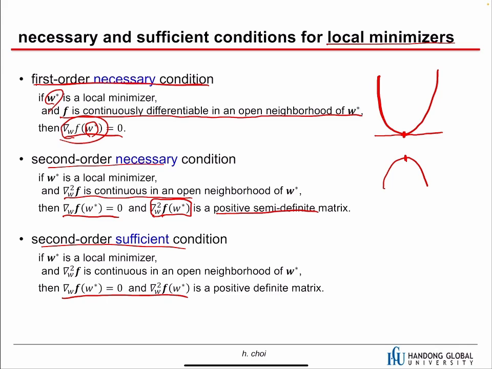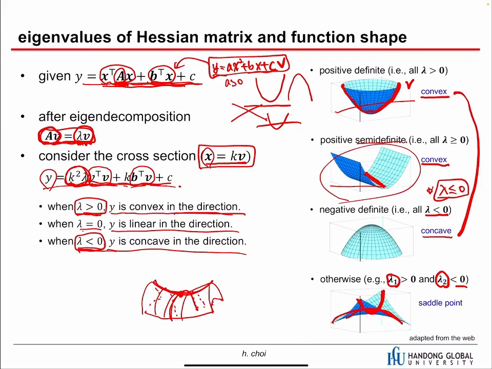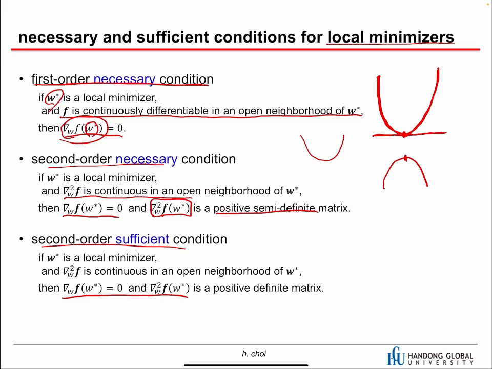So as long as it is a local minimum, it should have a 0 gradient, and at the same time the second derivative should be positive, or it could have a 0 eigenvalue. In the two-dimensional space, we can have this kind of case. So these are necessary conditions.